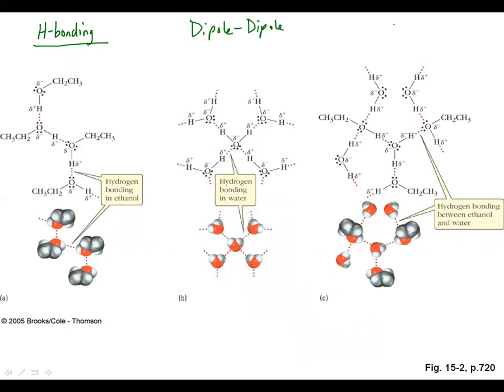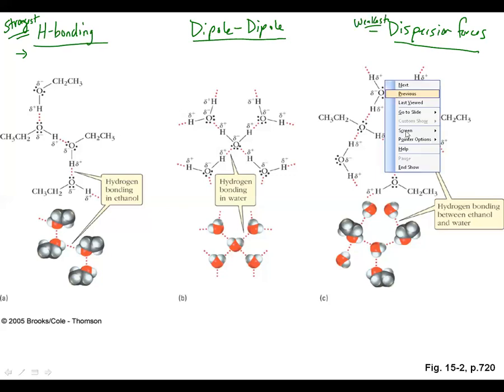And on the other end, we have dispersion forces. Hydrogen bonding is typically the strongest in terms of intermolecular forces. Dispersion forces is the weakest out of all of those.